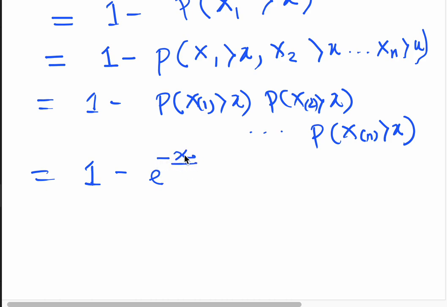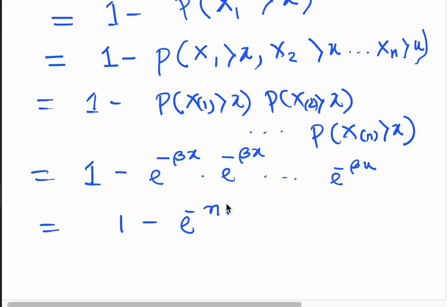The mean is 1 by beta, so this is e to the power minus beta x. Similarly x2 is a random variable with the same distribution, and so on up to n. So this distribution will look like 1 minus e to the power minus n beta x.